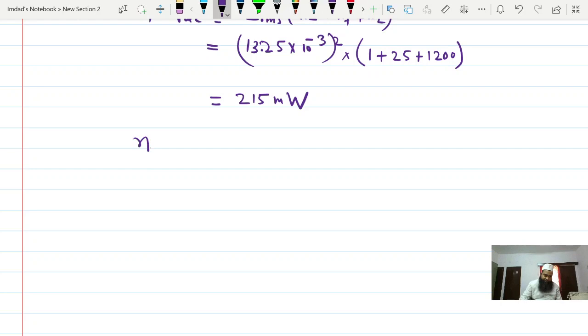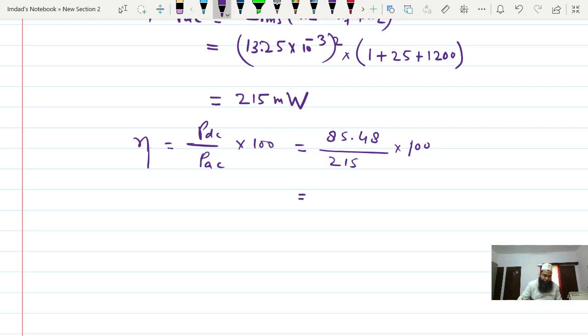Efficiency can be calculated as P DC upon P SE into 100. P DC is 85.48, 215.215 into 100.